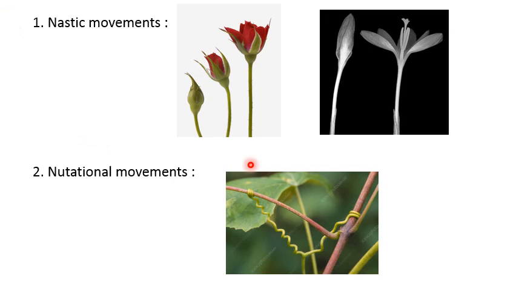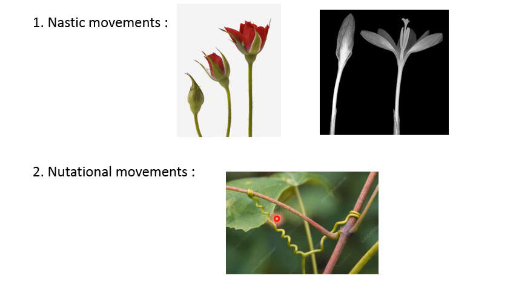We can find the coiling of the tendrils, and this helps the tendril or twining stem to twine around the support.